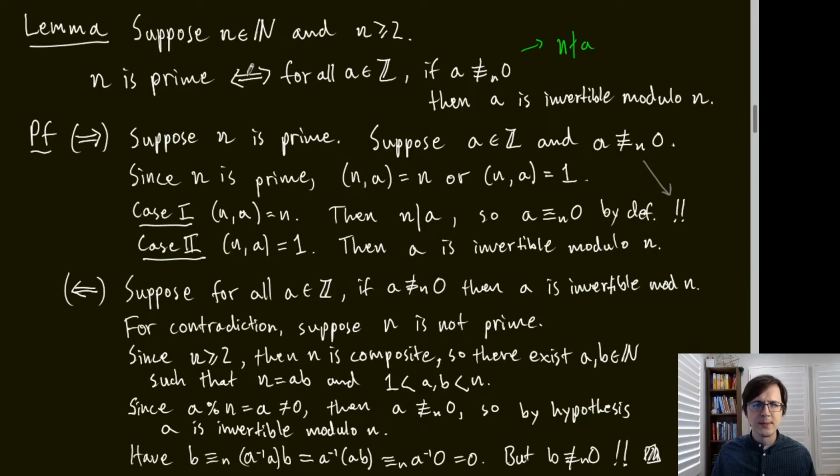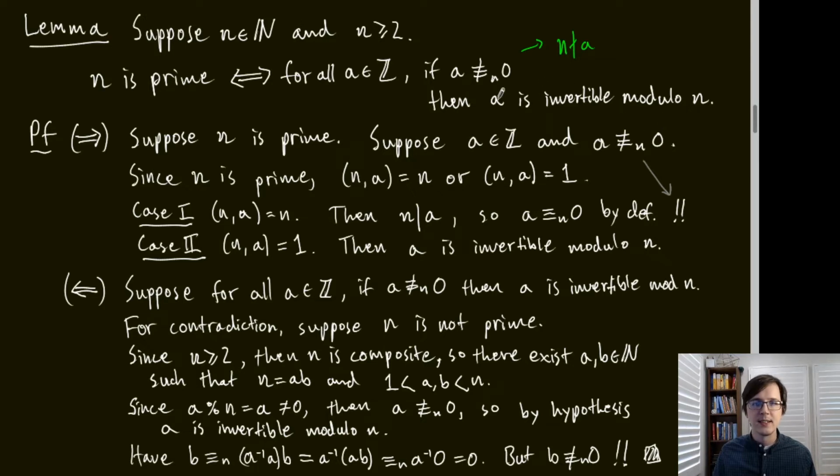To prove this statement, I thought it was easiest to do it by splitting it by implication into the forward and backward direction. For the forward direction, let's suppose that n is prime, and we want to show this for all a. So let's also suppose that a is an integer and a is not congruent to 0 mod n.